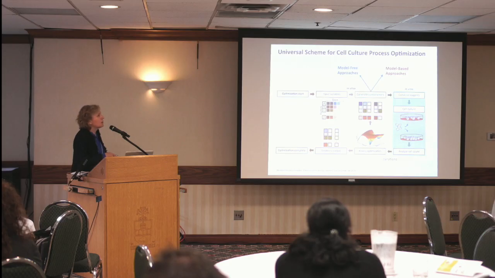You can rely on best guess, intuition, and then, of course, there are more sophisticated methods, and this is what I will talk about today. I classify the approaches mainly in two categories, model-free approaches and model-based approaches. And I'll give some examples of both in terms of the work that we have done.